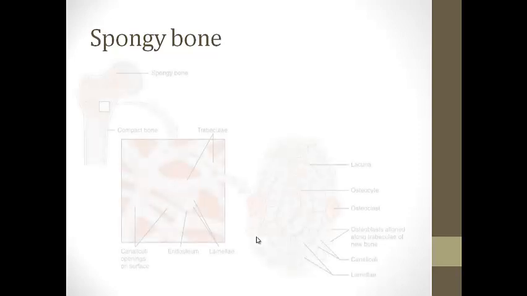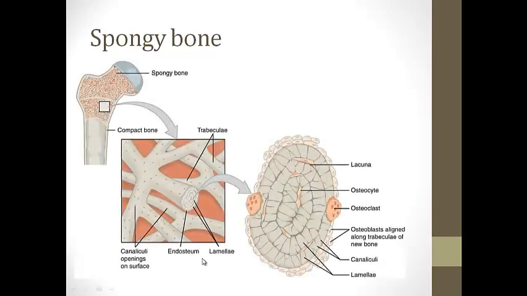Let's take a look at what it looks like. Each of these is called a trabecular plate. If we look at a cross section of the trabecular plate itself, it has a similar structure, where you have the lamellae, or the plates of bone, and then the lacunar spaces with the osteocytes inside them. This is an osteoclast because it's larger.